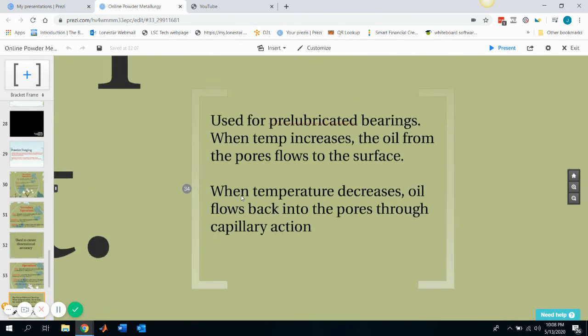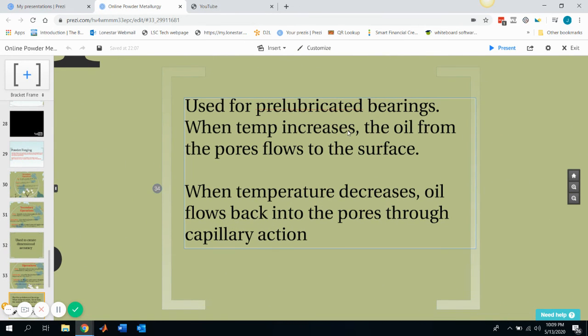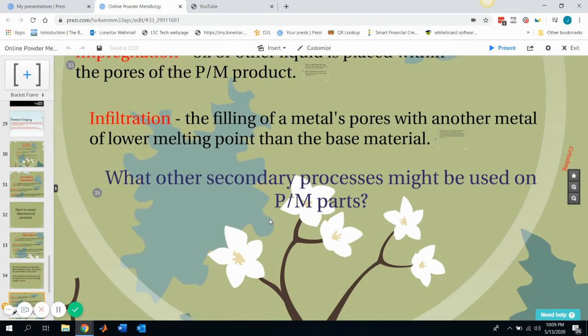An application of that would be pre-lubricated bearings, where the oil that's been impregnated, when the bearings get hot, the oil loses viscosity and comes out. When the bearings cool down, then it's sucked back in through capillary action. So that's just one example of impregnation.